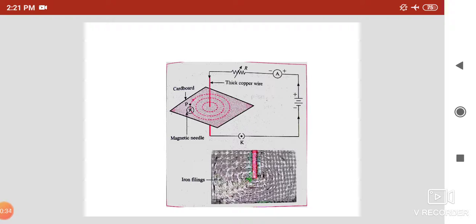Now here what we observe is that when the current is increased in the wire, more circles are concentrated near the center. This means more magnetic field is produced near the wire. As the radius increases, the magnetic field produced around the conductor also decreases.